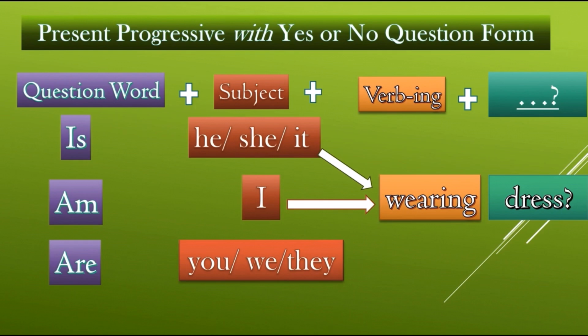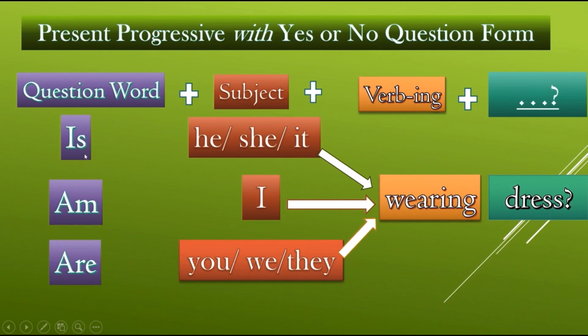Remember, am always goes with I. Am I wearing a dress? Next, we have are. Are you wearing a dress? Are we wearing a dress? Are they wearing a dress?